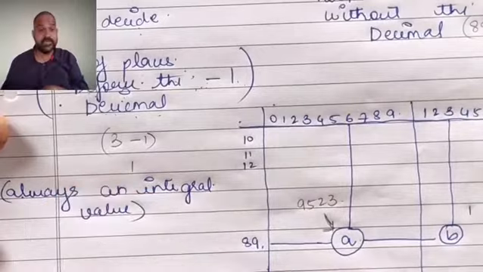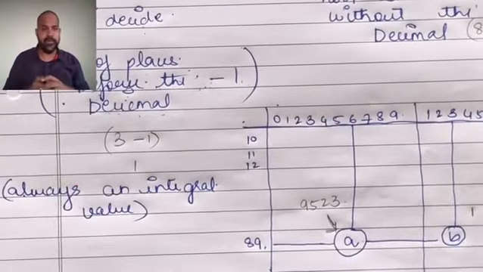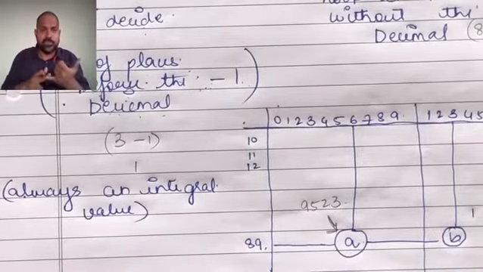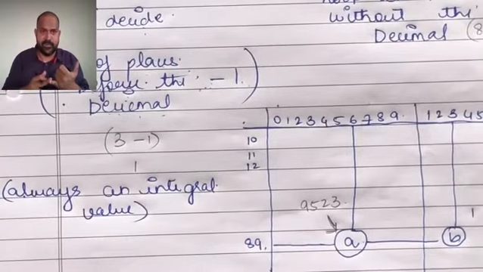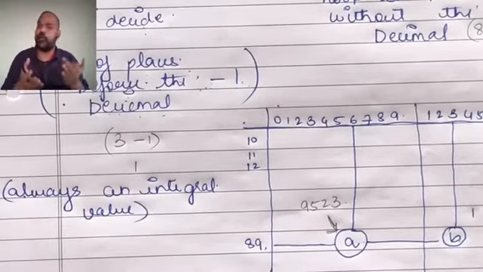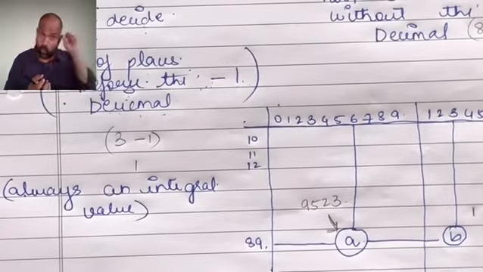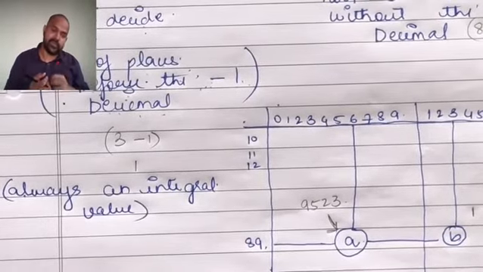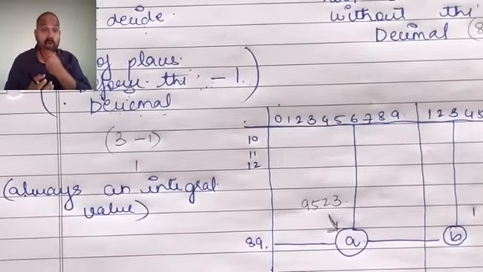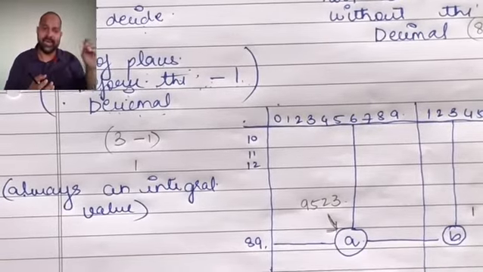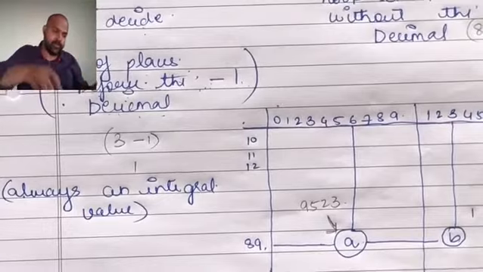The characteristic is never ever a decimal value. Why? Common sense. Number of places before the decimal is never a decimal value. When you subtract 1 from it, it will also never be a decimal. So the number of places before the decimal is always integral. Characteristic is always integral. The characteristic is always and always an integral value.